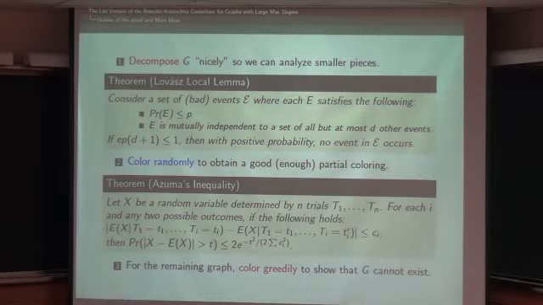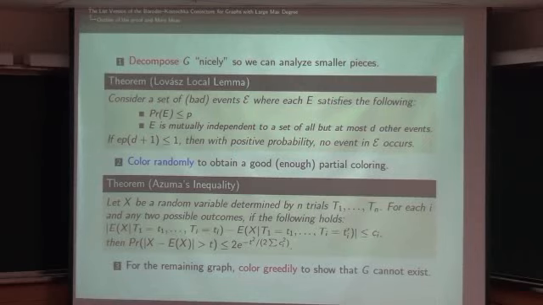Azuma's inequality is a concentration type result that says if X is a random variable, then the probability that X deviates away from its expectation is very small. So we're going to try to force some structure or some safe vertices, which I'll also define later.